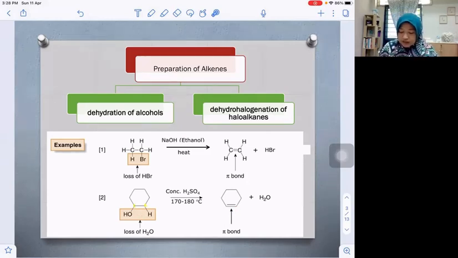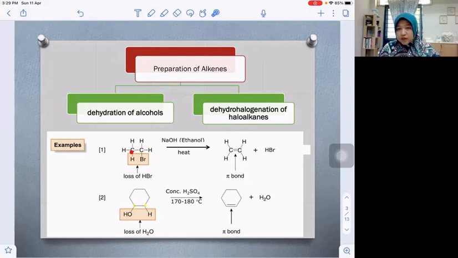And then the second method to prepare alkene is from the haloalkane through the dehydrohalogenation reaction. Look at here, we have a bromoethane. We have a bromine at the first carbon and then hydrogen at the second carbon, the neighbor carbon.